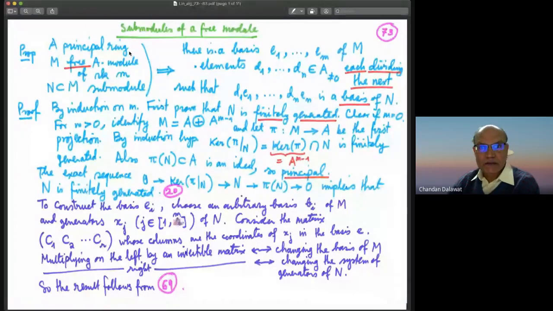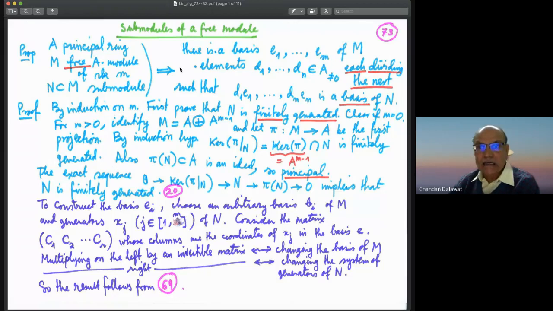When I have a principal ring A and a free A module of rank M, so it's basically A to the M, and a submodule N of this free module. I don't know what this submodule looks like, right? I don't know whether it's free or not free or something.